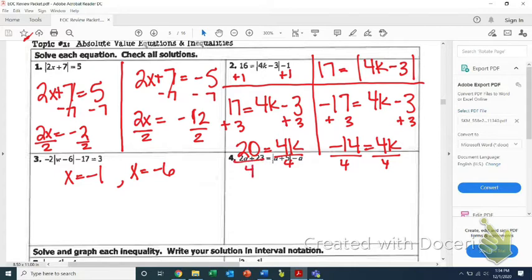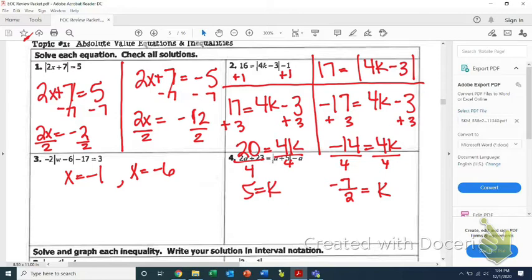The one on the right leaves us with k equals 5. And on the second one, we simplify that fraction to negative 7 over 2 equals k. So these two absolute values have two solutions each.